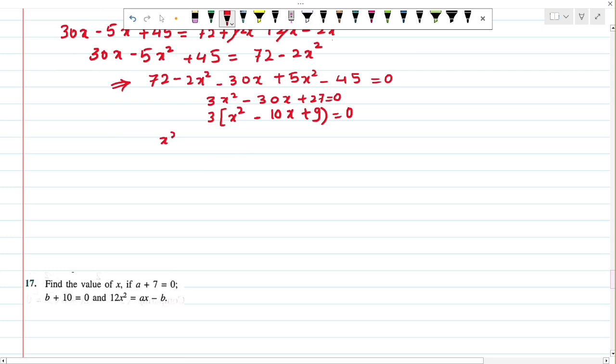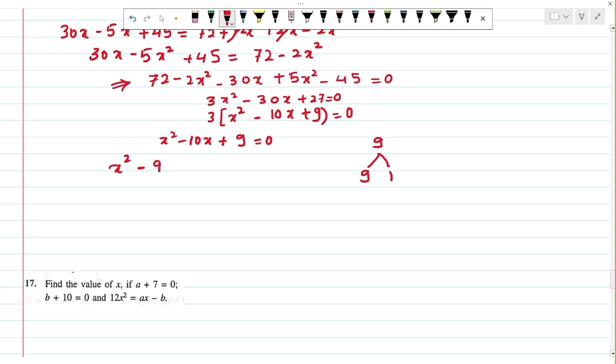So x squared minus 10x plus 9 equals 0. If I write the roots for 9, 9 ones are 9. So x squared minus 9x minus x plus 9 equals 0.